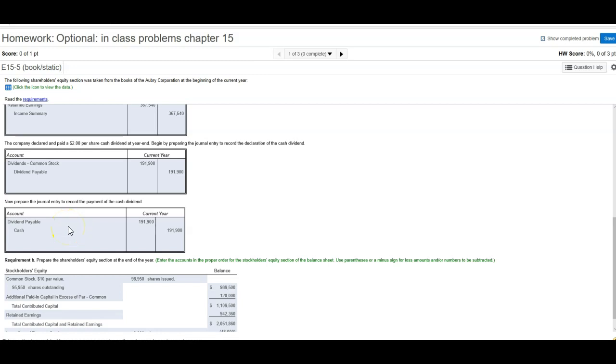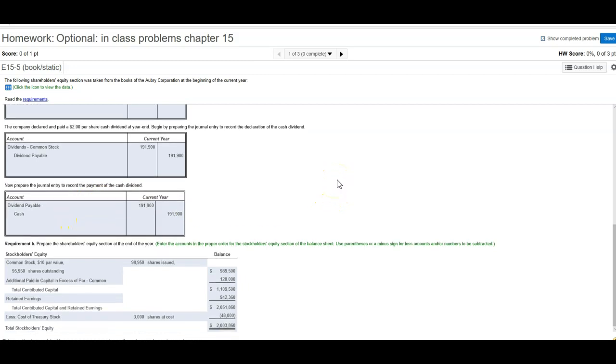The last part is the trickiest part, and that is putting together the shareholders' equity section at the end of all these transactions. What you can see here is that the common stock still is at $10 par value. They didn't list our authorized amount, but we have that many issued. But notice the number outstanding now is 95,950.